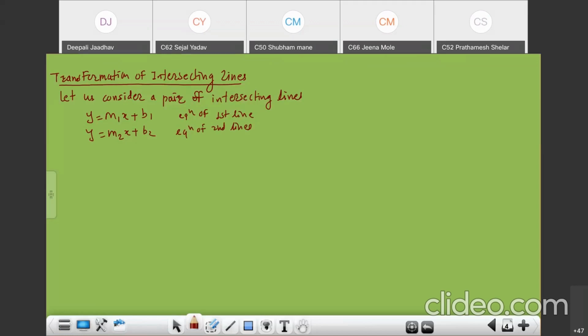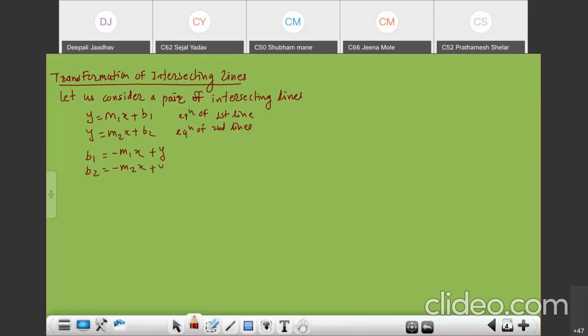So we can write it like this: b1 is equal to minus m1x plus y and b2 is equal to minus m2x plus y.